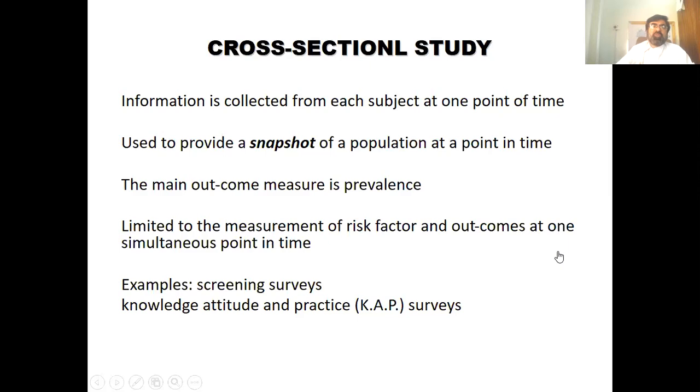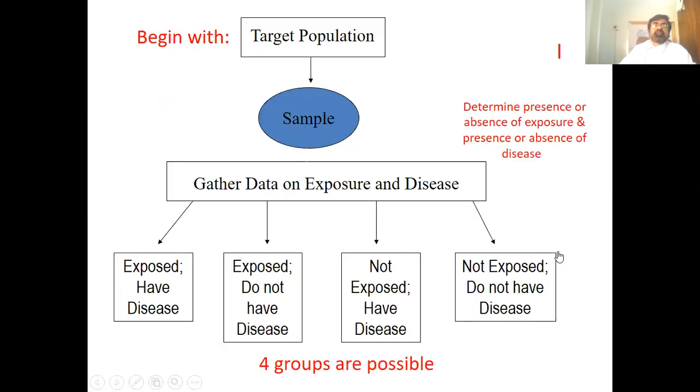You are not supposed to go back to collect the data again. There is no need. The main outcome measure is prevalence, limited to the measurement of risk factor and outcomes at one simultaneous point in time. Examples are screening surveys and knowledge, attitude and practices surveys. KAP surveys are mostly the common examples of this kind of study.